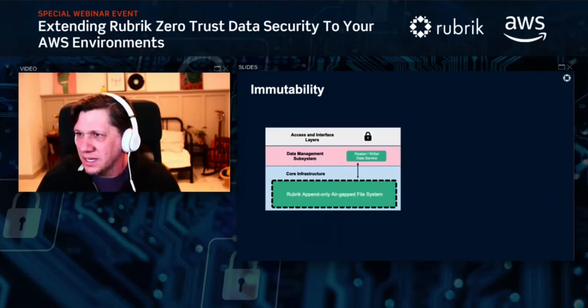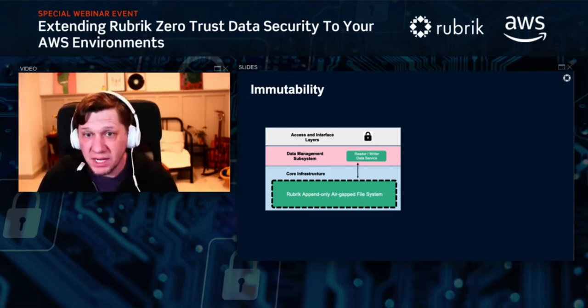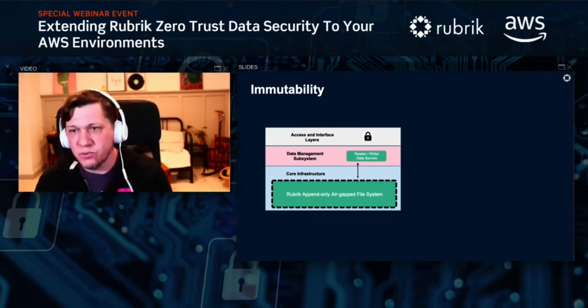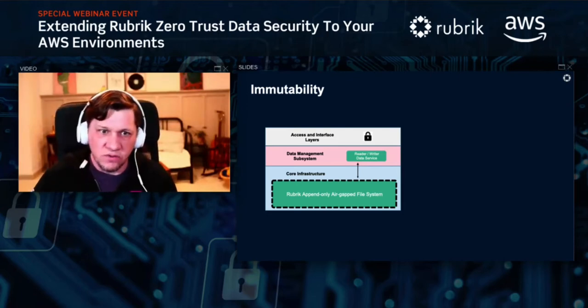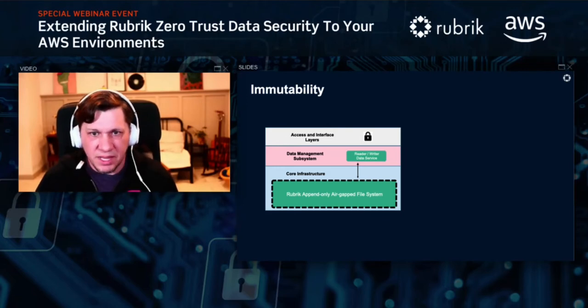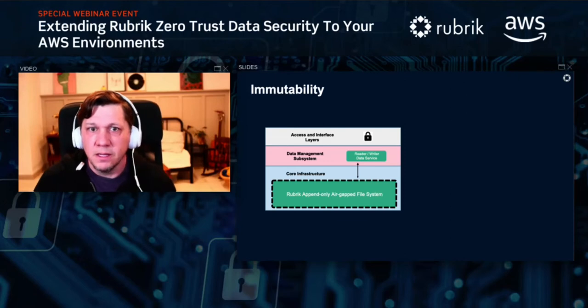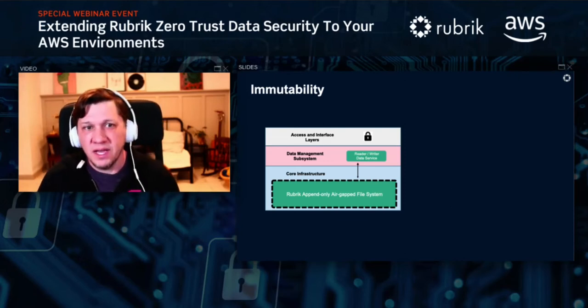So while archiving is great for freeing up capacity and saving some money, it does present some more challenges. It solves an issue and presents another. I talked a lot about our immutability, and what I mean by that is when data is written, it can't be changed. This ensures that come recovery time, our backups are going to be there for us, right? They're going to be our last line of defense.